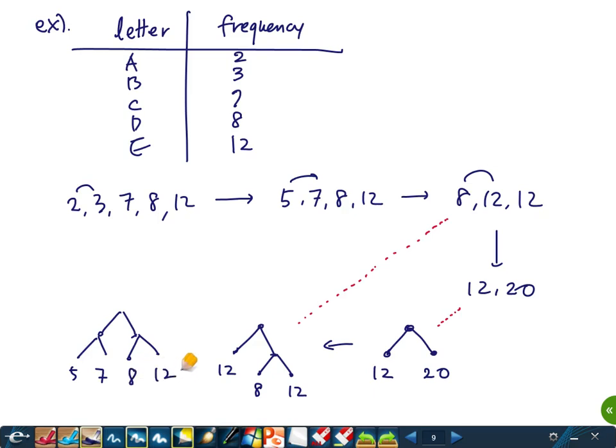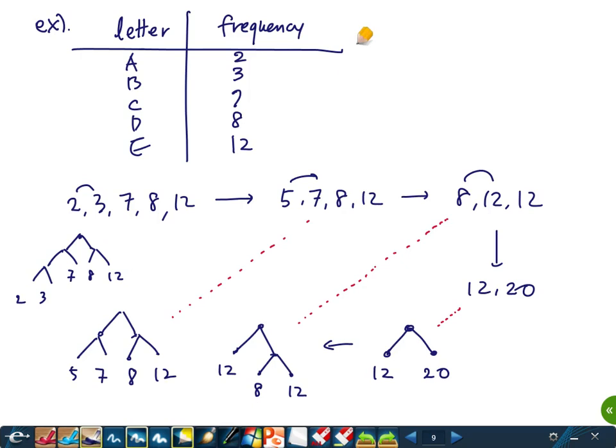Okay? So this is an optimal code for this. And finally, we know that 5 was obtained by adding 2 and 3. So we split this into 2. So the Huffman tree will be this: 2, 3, 7, 8, 12.